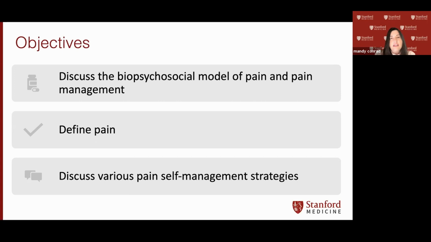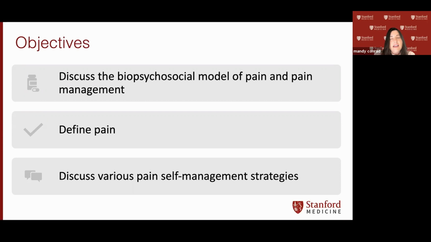My goal is really that this term gets used often, the biopsychosocial approach, and I really just want to break that down and demystify it and teach everyone here what that is and how we use it in our pain management strategies. Of course, that conversation can't happen without talking about pain. So I'll spend some time dedicated to the evolution of the definition of pain as it's published.